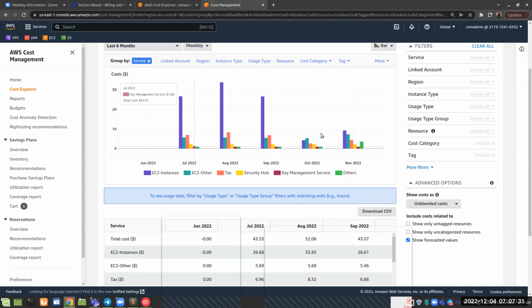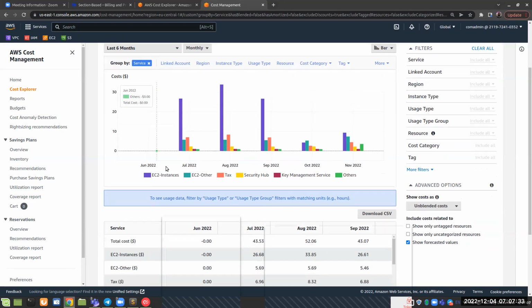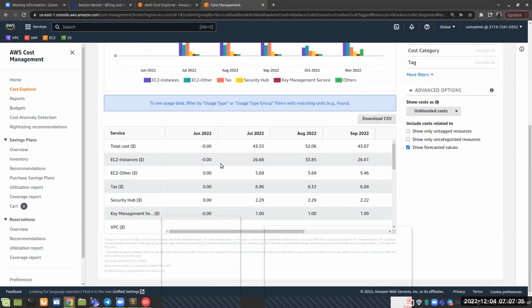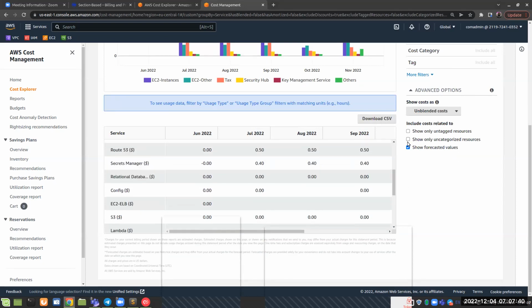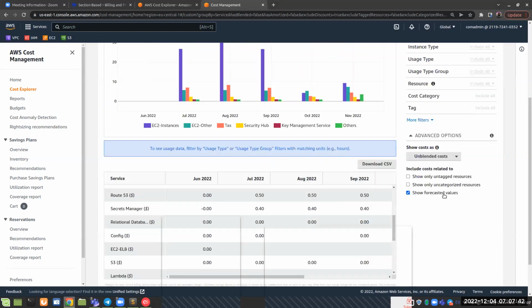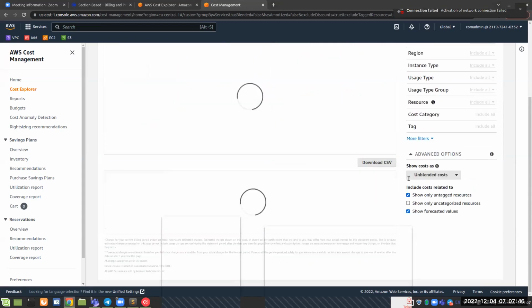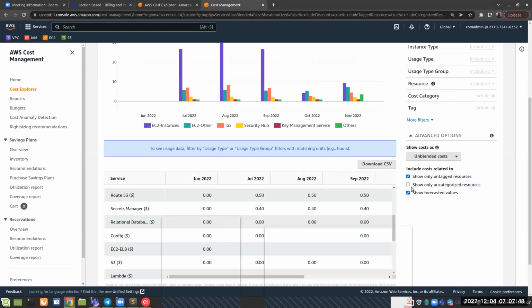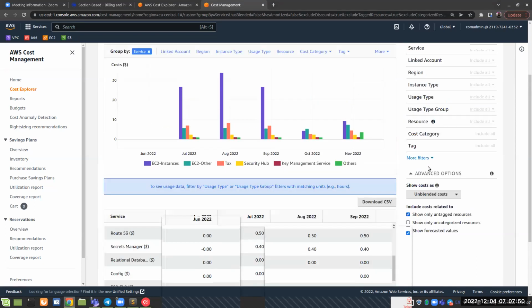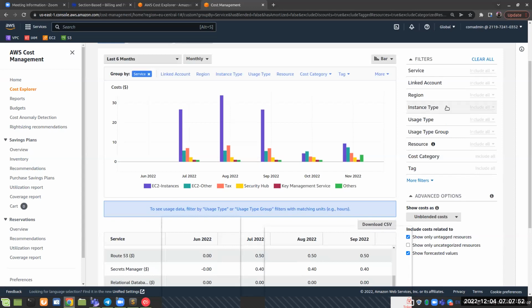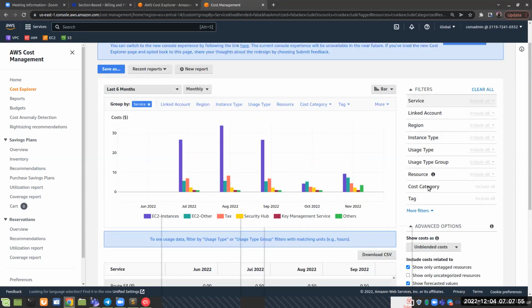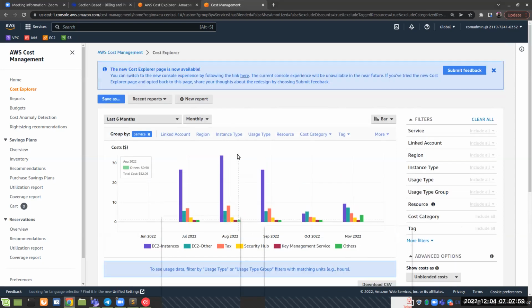So you always have this overview, and you can download it to a CSV file. You can show forecasted values, include what you want to see, see the instance type, and create filters depending on how you want to view it, right?